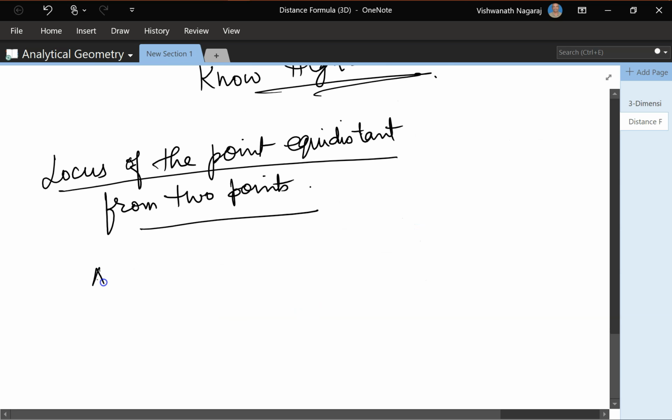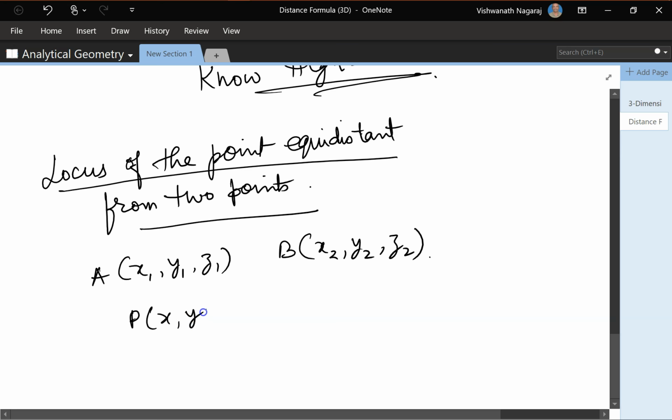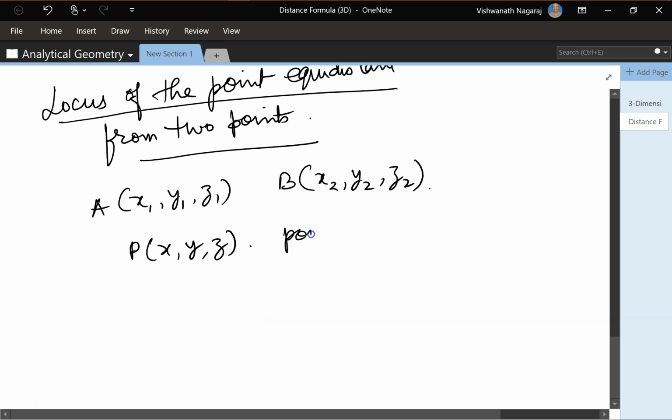Let's say we have A, x1, y1 and z1, and B, x2, y2, z2. Now what we are talking of is, let's say there is a point on the locus, P x comma y comma z. It's a point on the locus.